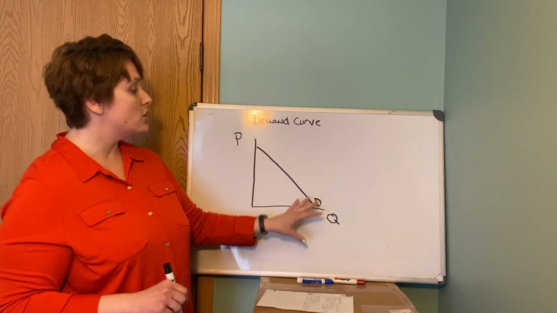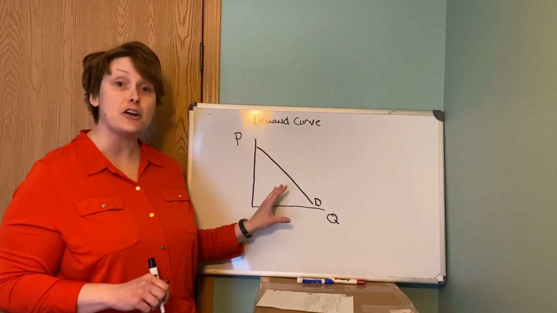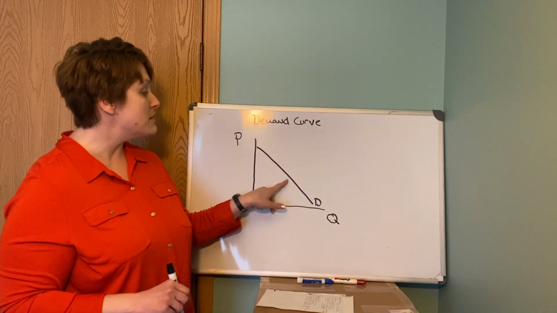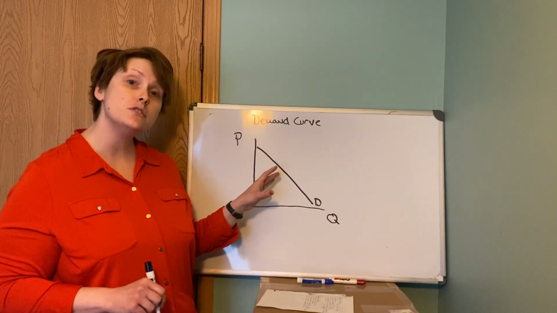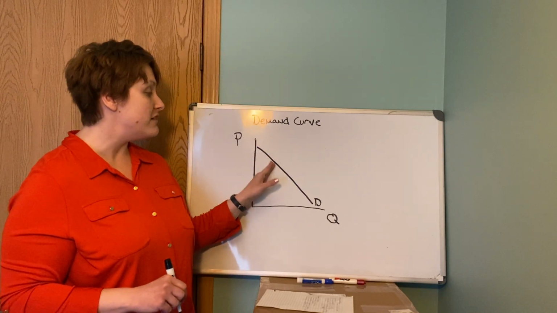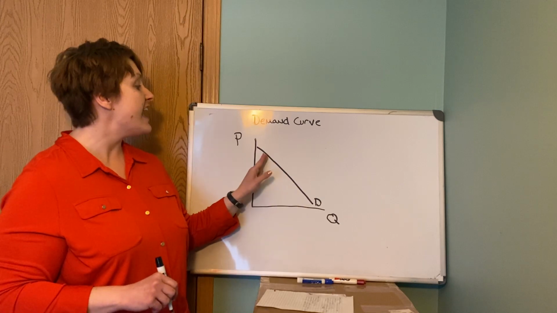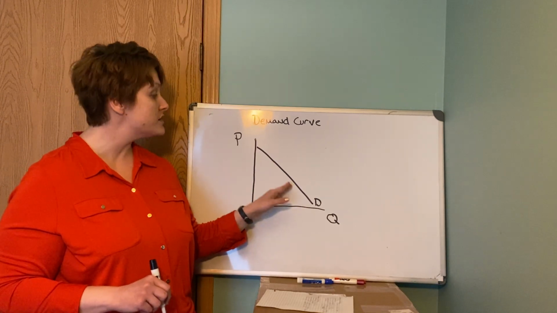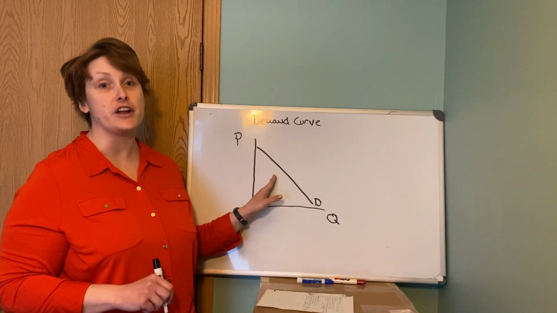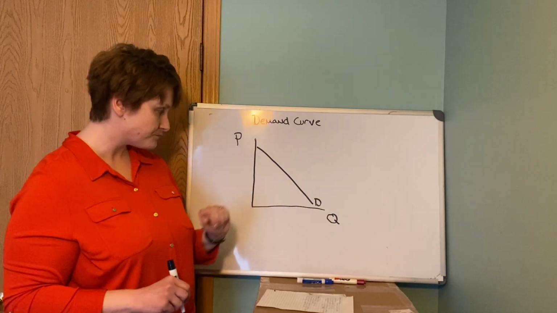This is also a representation of an aggregate. There are various people along this graph, represented by certain individuals, and by firms within these groups, and those price-quantity pairs are all represented on our aggregate demand curve.